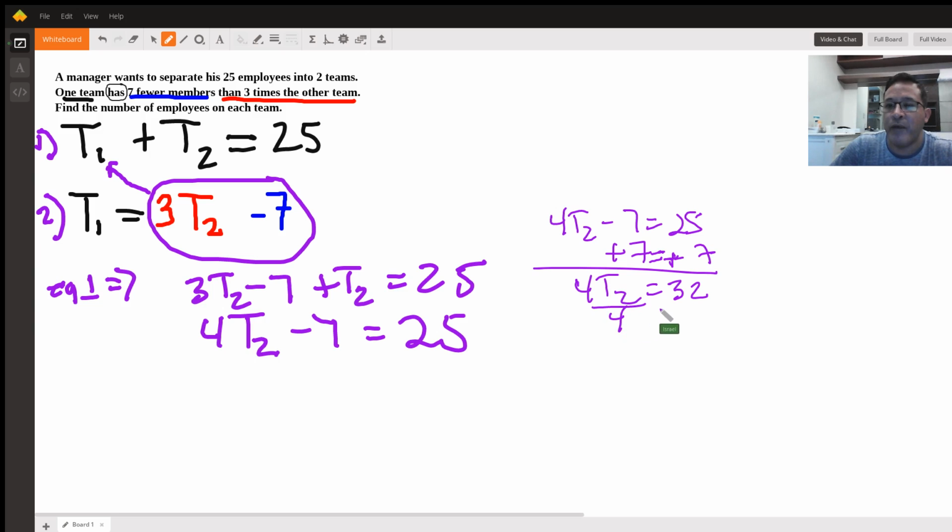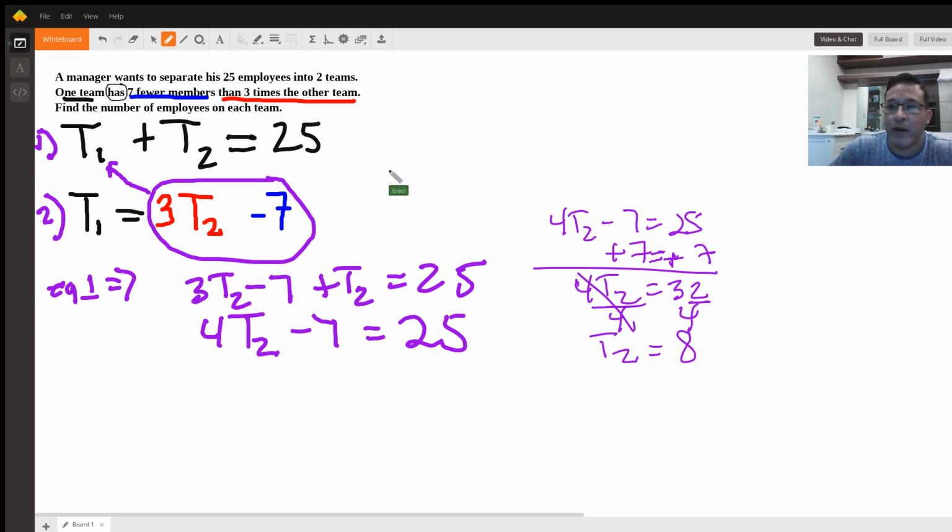And then I divide by 4 on both sides to solve for T2. 4 divided by 4 is 1, so that leaves T2 by itself. So T2 equals 8.